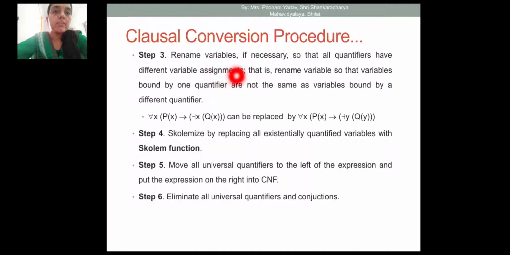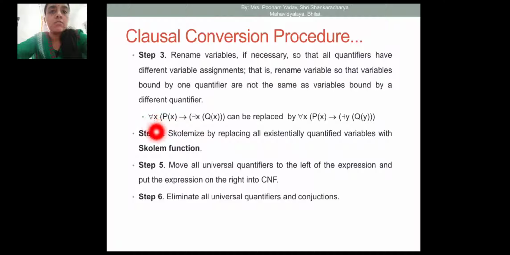Then rename the variables if necessary, so that all quantifiers have different variable assignments, that is, variables bound by one quantifier are not the same as variables bound by a different quantifier. Suppose we have two different quantifiers, for all x p(x) implies there exists x q(x).